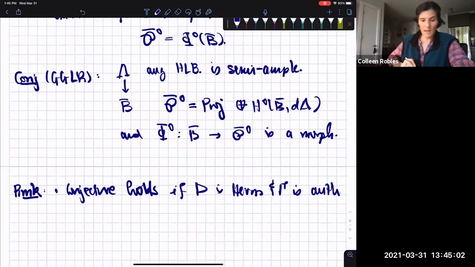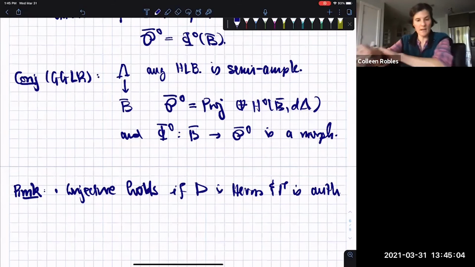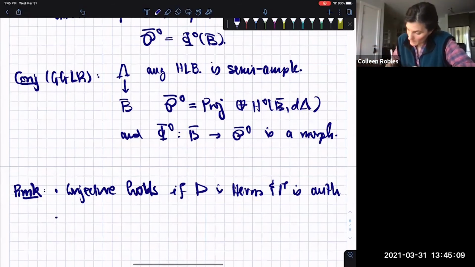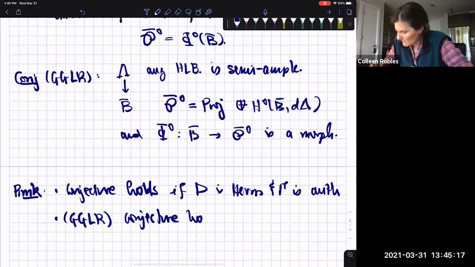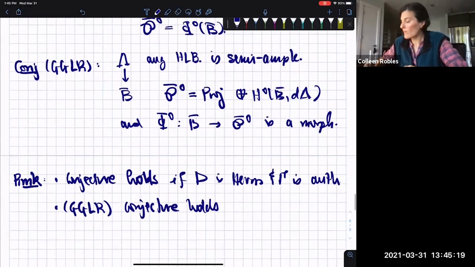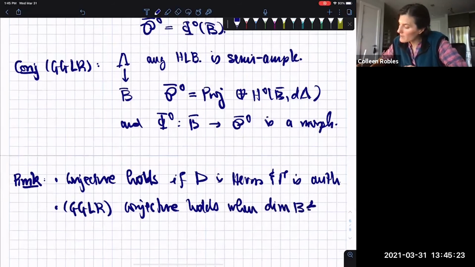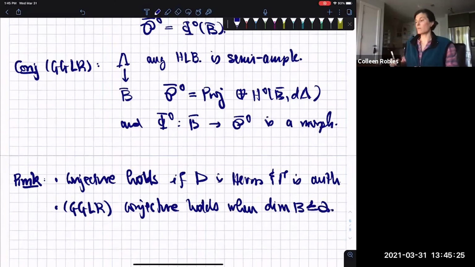That's the classical case covered by Satake-Baily-Borel. And it also holds when the dimension of B is less than or equal to 2.